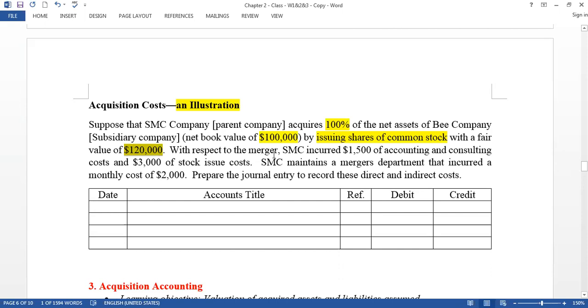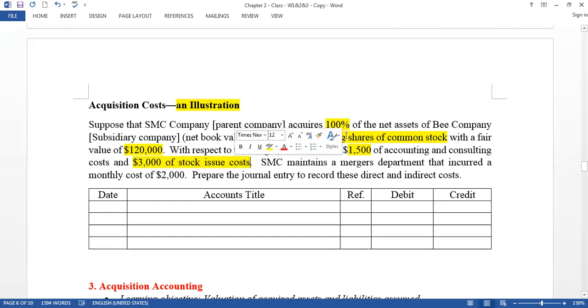With respect to the merger, SMC incurred $1,500 accounting and consulting cost. That means the professional fees or brokerage fees is $1,500, and you pay $3,000 for a stock issuance cost. Do you understand, right?